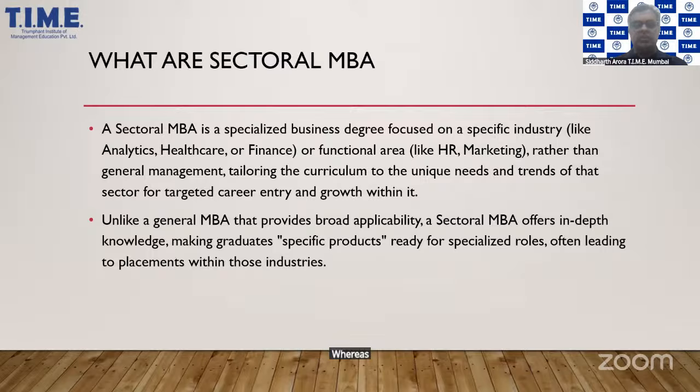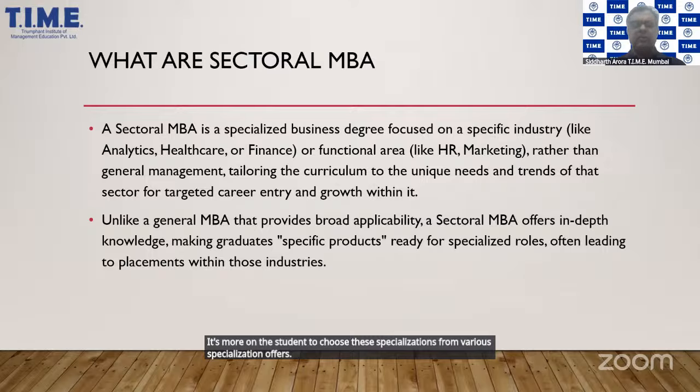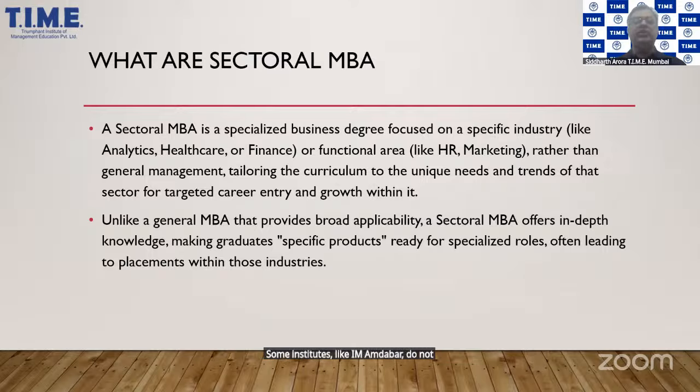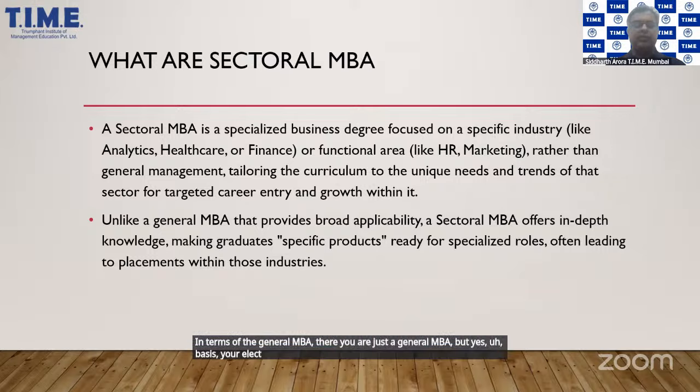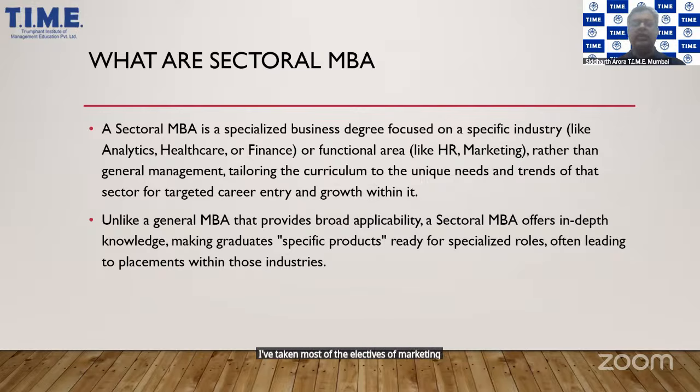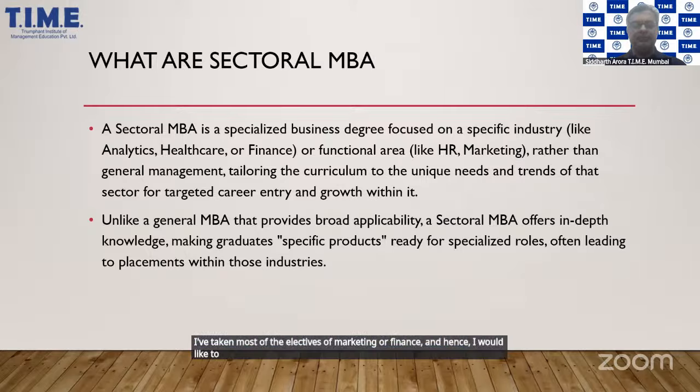In the second year of a general MBA, it is up to the student to choose specializations from the various offered. Some institutes, like IIM Ahmedabad, do not offer any specialization in the general MBA. You are just a general MBA, but basis your electives, you can say you've taken most electives of marketing or finance, and hence would like to do a job there.